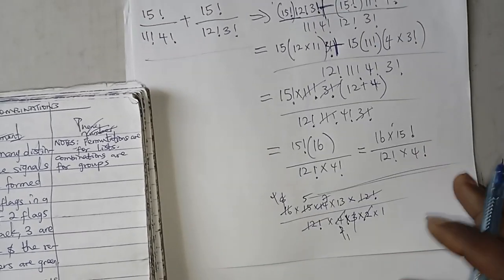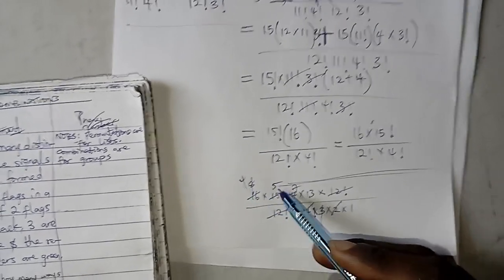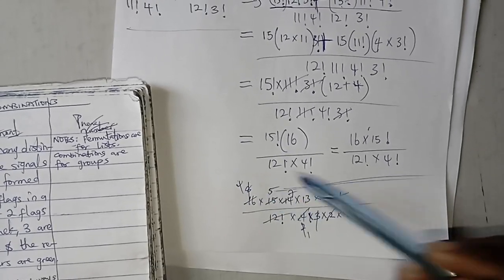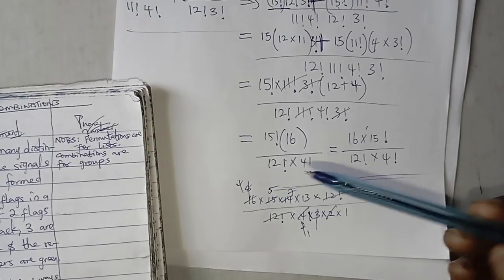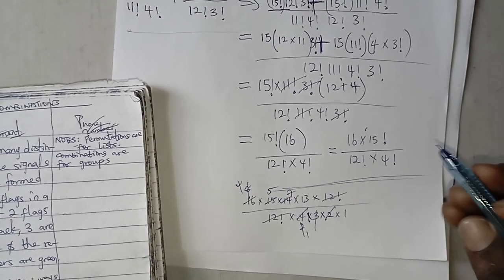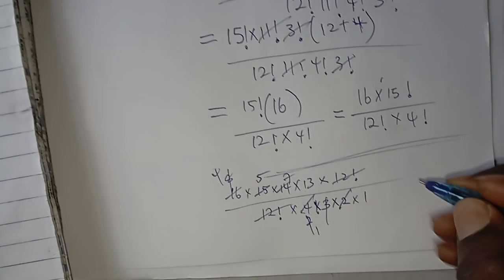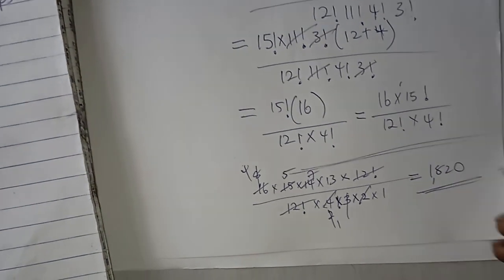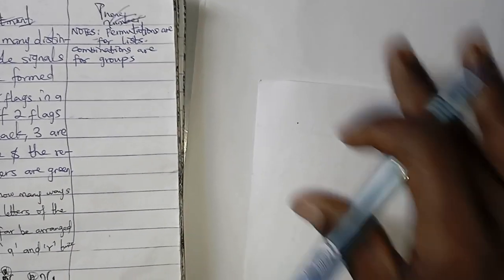So if you check, I have this into this 20. I have 20, then 20 times 7 times 13. So we should get 1820.